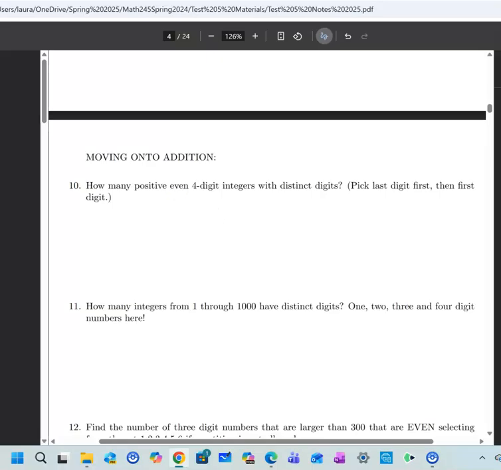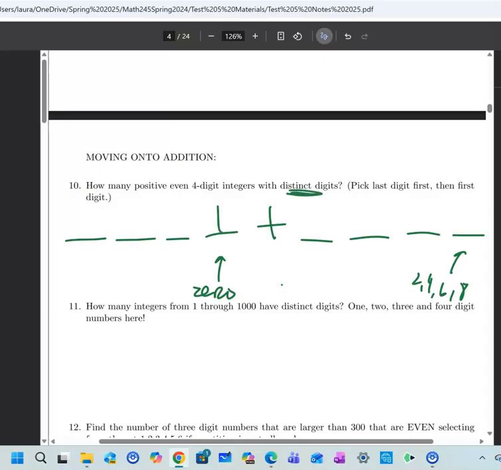So I want, 1, 2, 3, 4, to put 0 here, or put 2, 4, 6, or 8 here. If I'm putting 0 here, there's one way to do that. And with distinct digits, I already used 0, so I really do have 9 choices left, and then 8, and then 7.